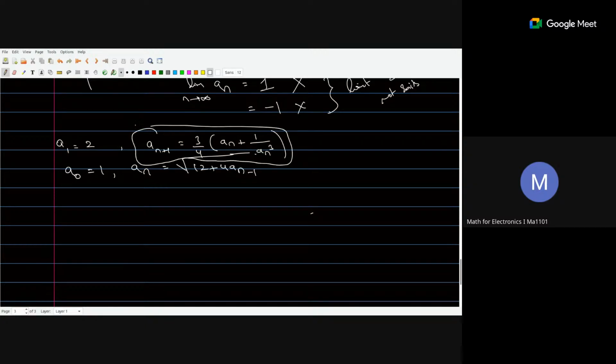These recurrence relations or recurrence sequences are given to you like this: they will give you the first term, and then they will give you this recurrence formula, and you have to generate the sequence using it, and then you observe.